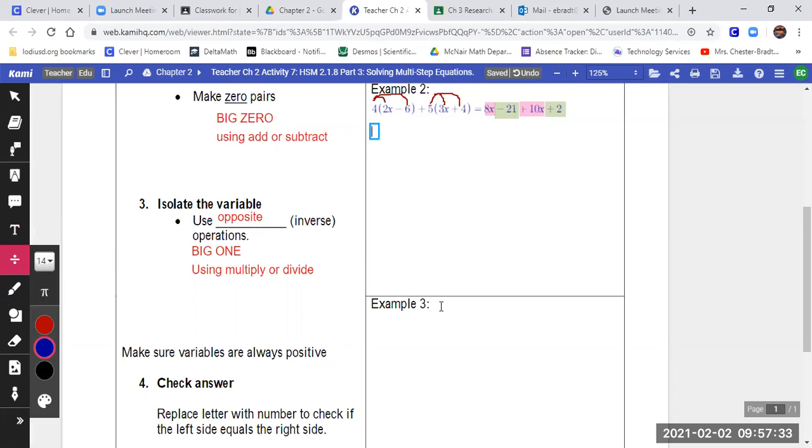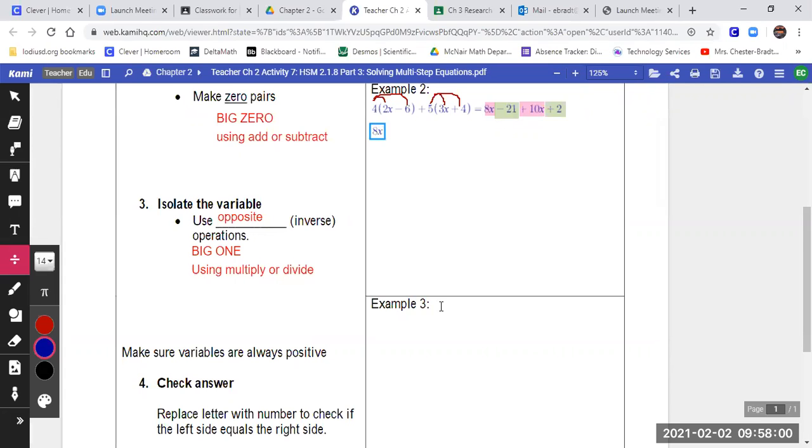So, if I'm going to go ahead and do this, this says 4 positive times a 2x. What's a positive 4 times a 2x? An 8x.